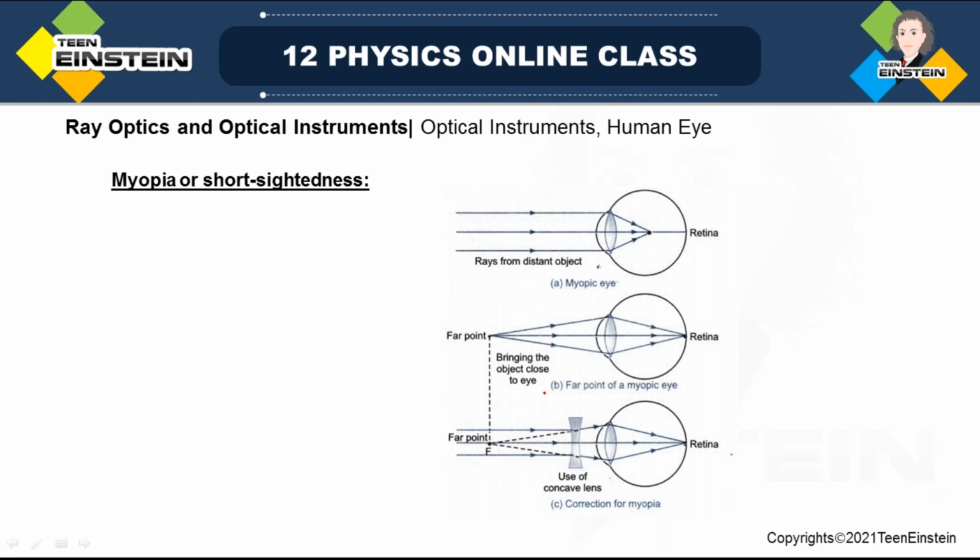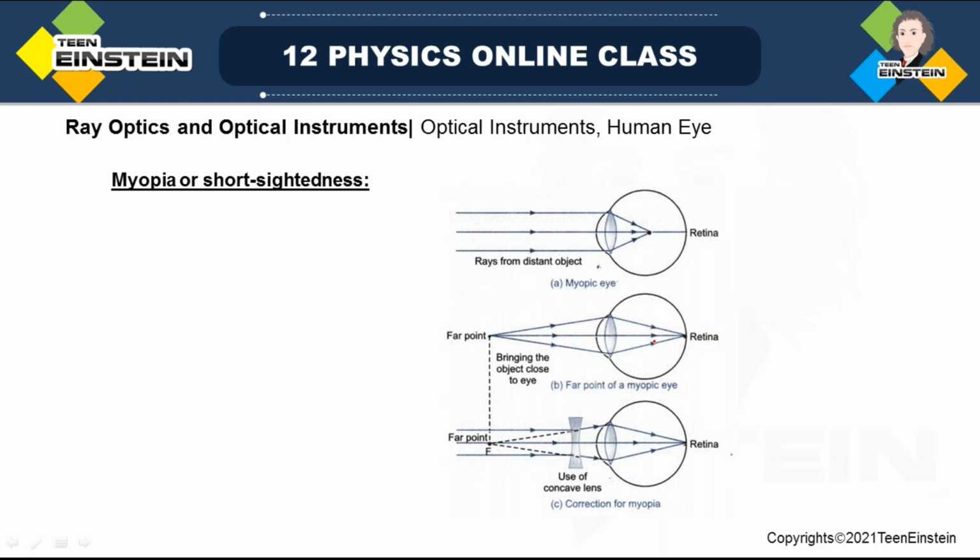When a ray from a point or any object, extended or point object, comes and gets refracted through this lens, an image is formed at the retina. And if the image is not formed by this lens at the retina, then we cannot see the object.